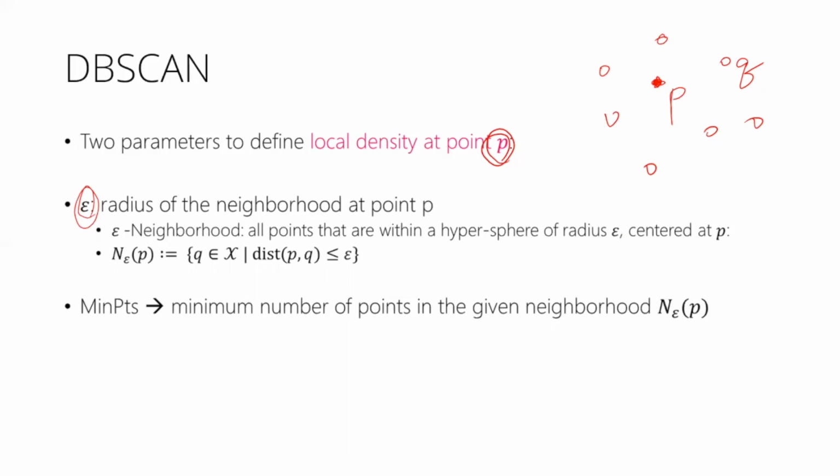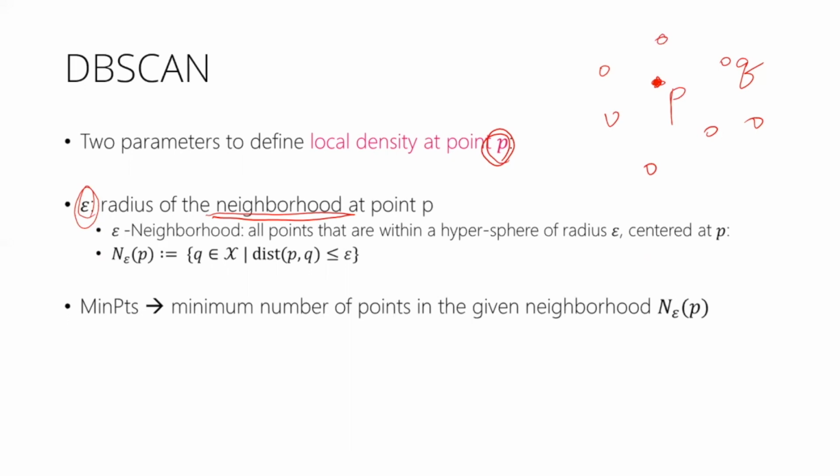Epsilon is a symbol that we introduced to define the radius of the neighborhood. So when you say neighborhood, how close is your neighbor, and what is the threshold in terms of distance when you define the neighborhood around the point P? Epsilon is a user-defined parameter.